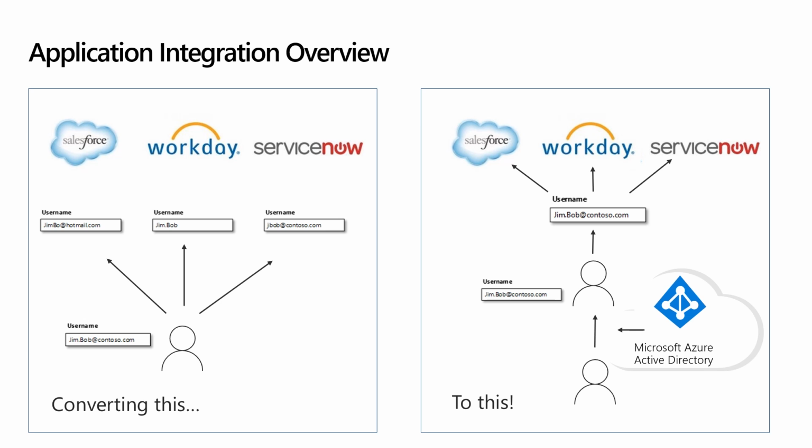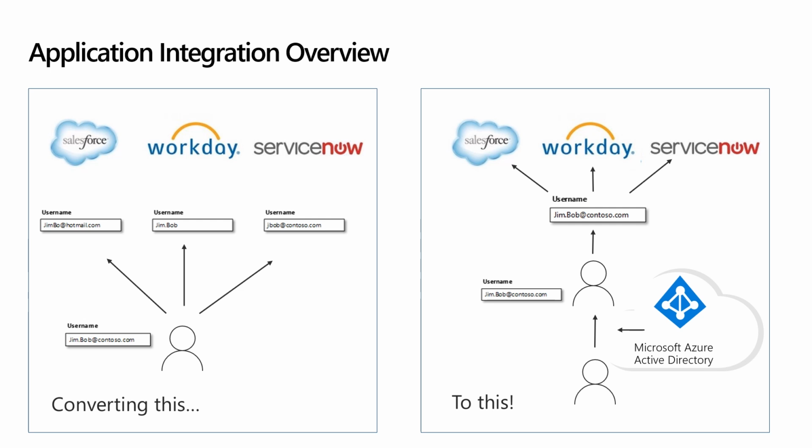What we want to achieve here is to use Microsoft Azure Active Directory as the control plane, as we talked about, and let the user use only one identity across all applications.